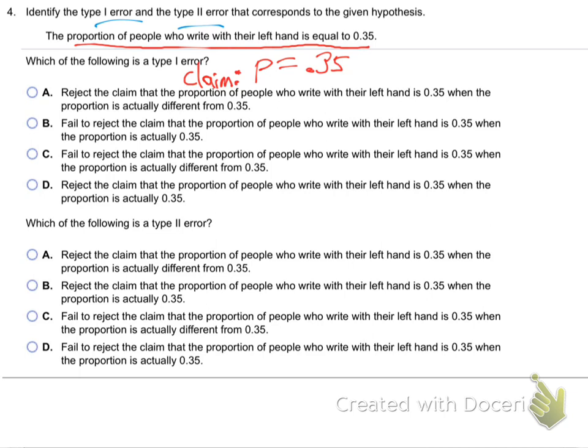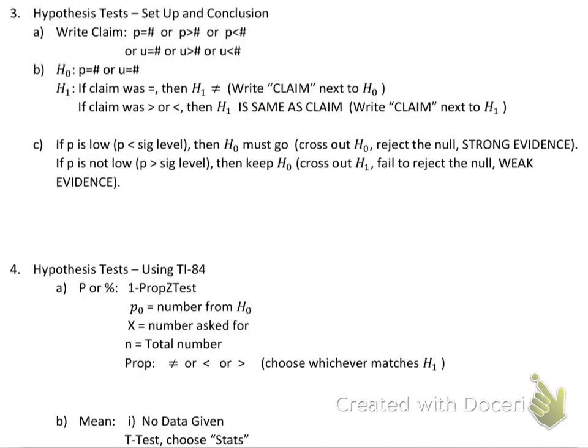let's write the null and alternative over here. Now, what is the null? Always equal. By the way, here's also from exam 3 notes, number 3, where I'm explaining the hypothesis test setup, really clear and succinct.